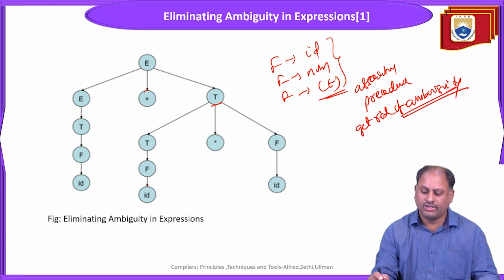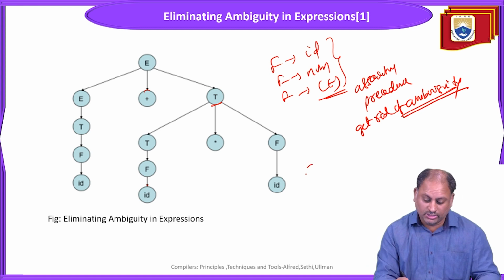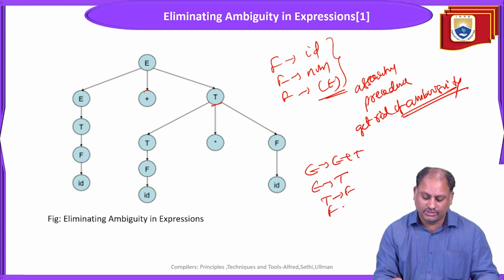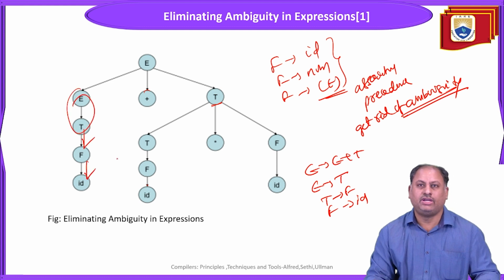Ambiguity is eliminated by applying this expression. So in this, we get E derives E plus T, E derives T, T derives F, F derives ID.